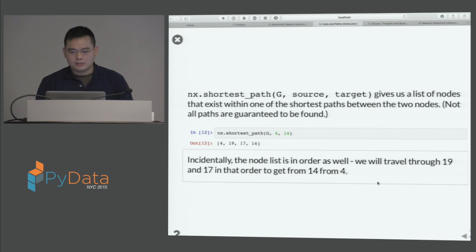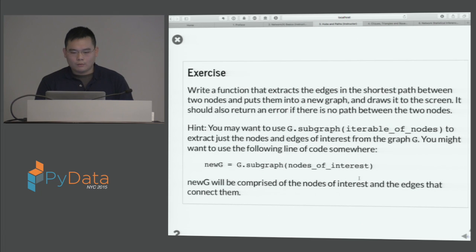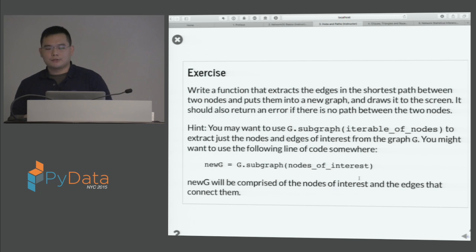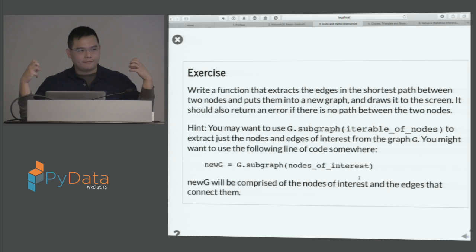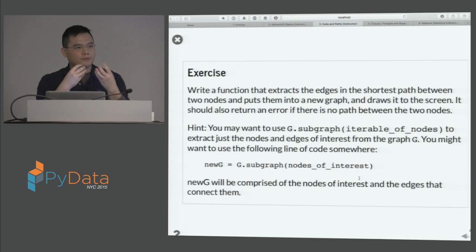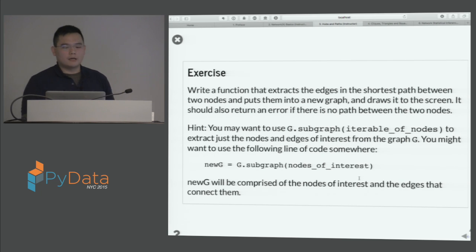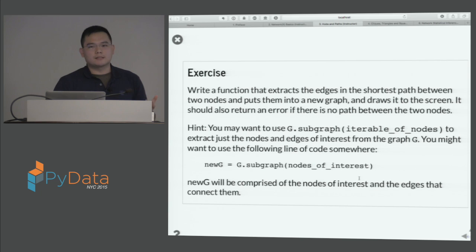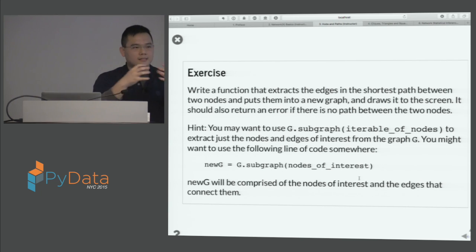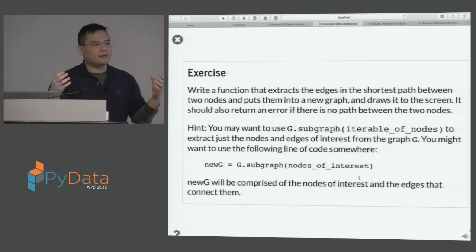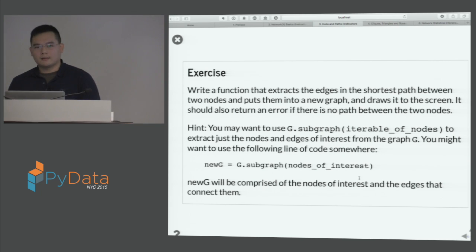So what I want you to try to do is to extract just the subgraph that is induced from this set of nodes plus its edges. As a hint, the function g.subgraph(nodes_of_interest) is a useful thing if you're looking to only analyze a subset of nodes inside the graph, and that's why we call it a subgraph.